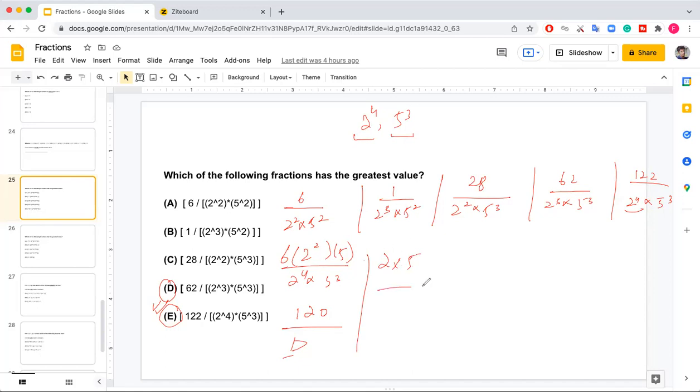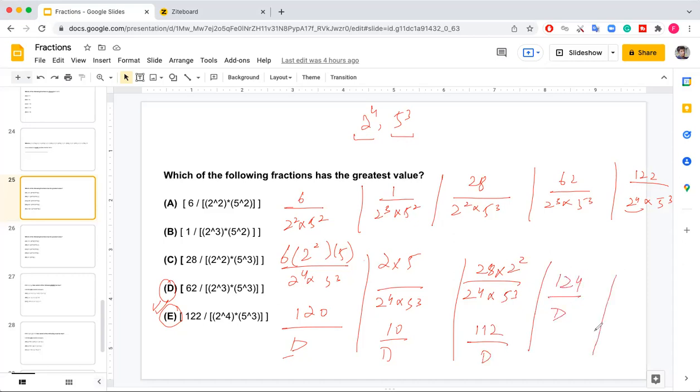So this will become 2 power 4 into 5 cube, and this is 10 over the common denominator, right? Next one is 28 over 2 square 5 cube. So 28 into 2 square divided by 2 power 4 into 5 cube. And what is the answer? This is 112 over the denominator, right? Next one is 62 into 2. That is 124 over the common denominator.